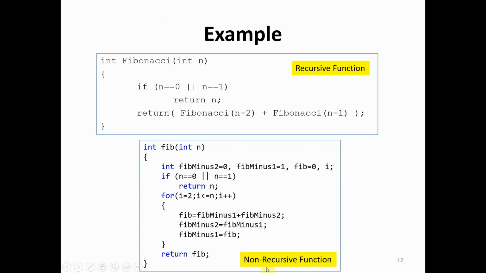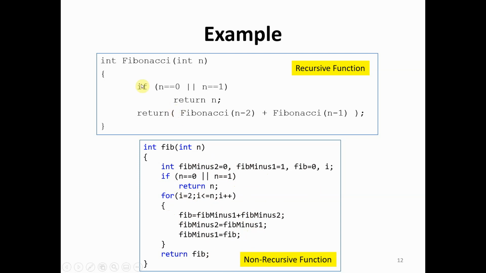In the non-recursive version, we have 4 variables, one of them a loop index, and by doing some mathematical manipulation with these variables, we calculate the nth number in the Fibonacci series, and we have a loop, and this is done.